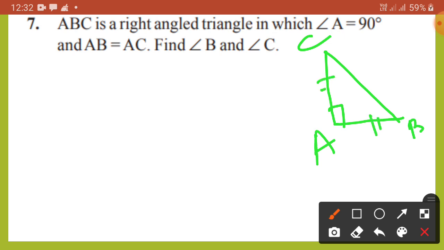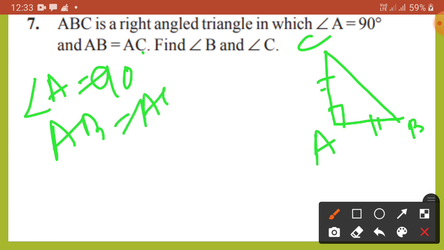Find angle B and C. Now in this figure ABC triangle we are having angle A equal to 90 degree and AB equal to AC given. We know that angles opposite to equal sides of an isosceles triangle are equal, so angle B equal to angle C.